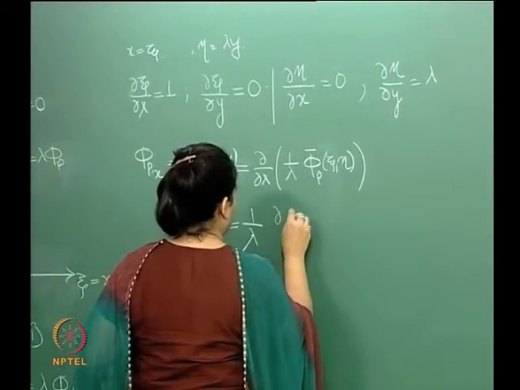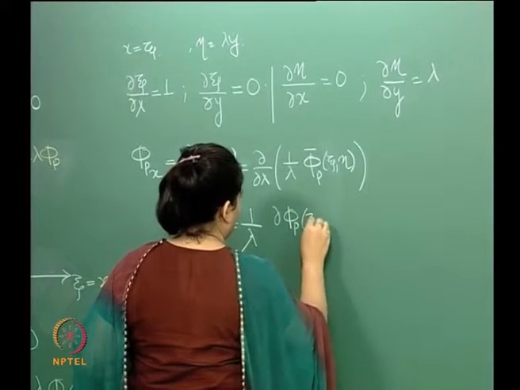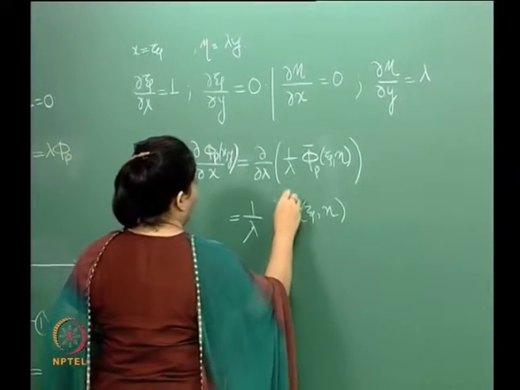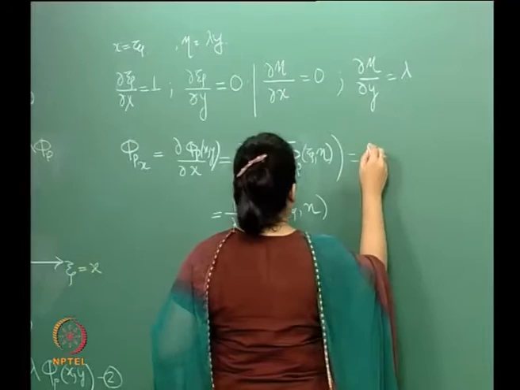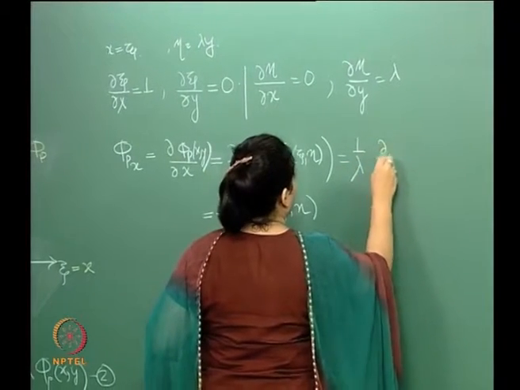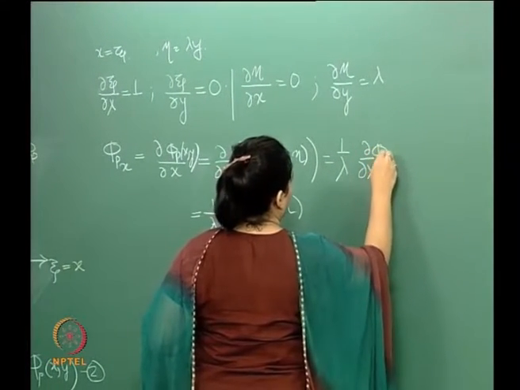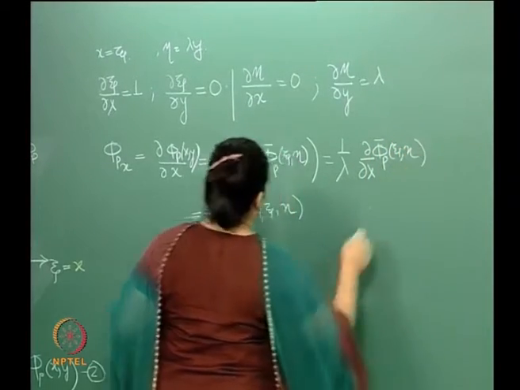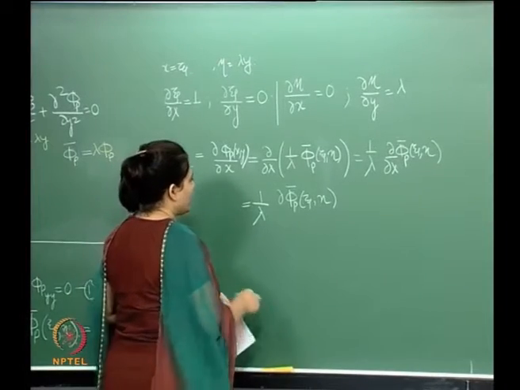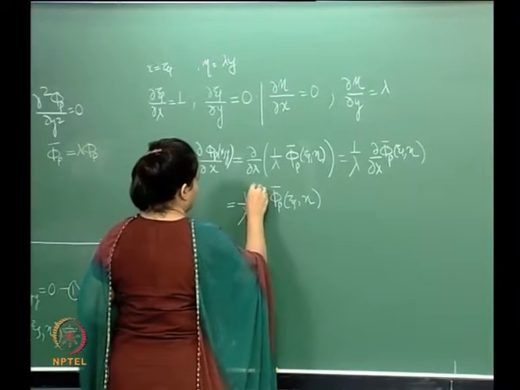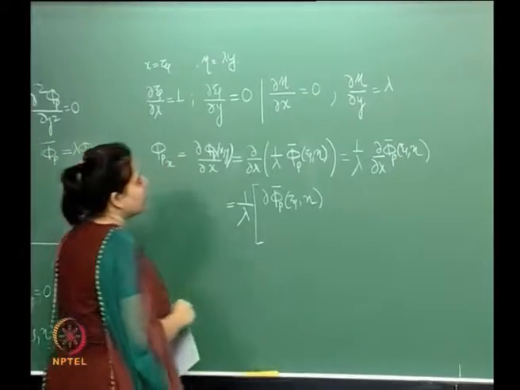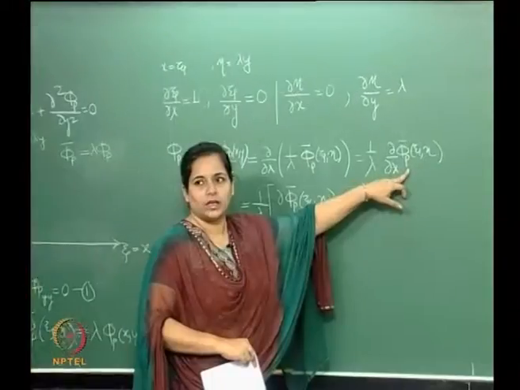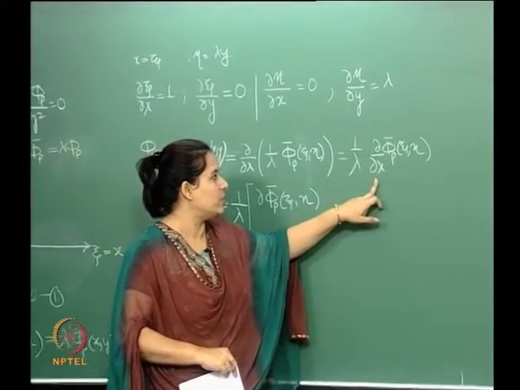Okay. So, basically what we are saying is we can write this as del del x of phi p bar of zeta, eta. So, the way we will write this is like this. We are going to take a change of this perturbation potential in the transformed coordinates with respect to x.